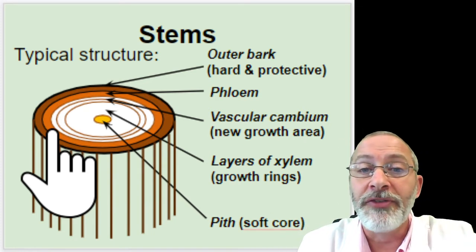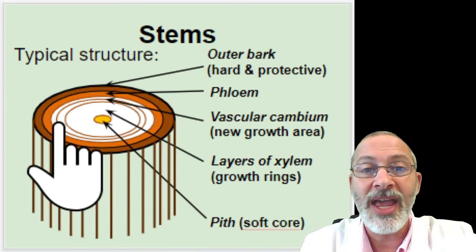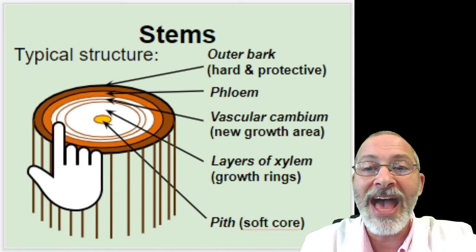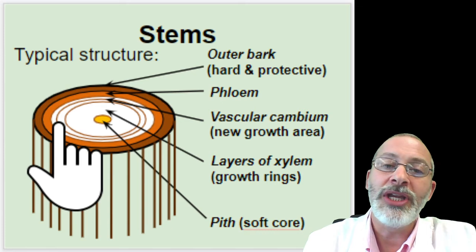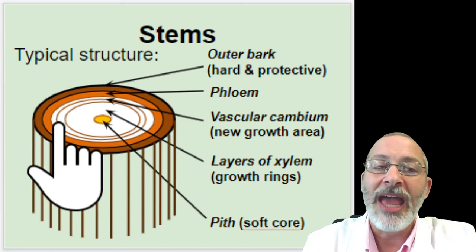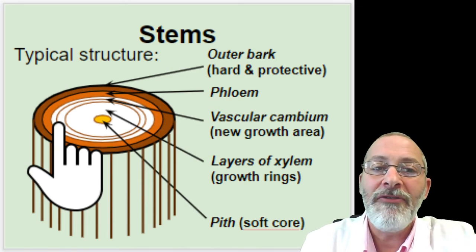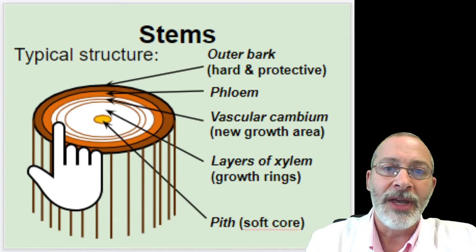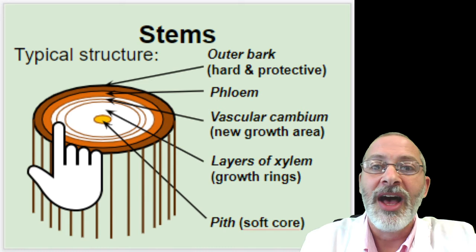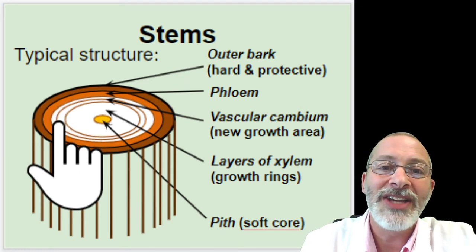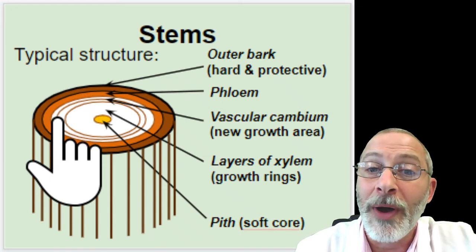All right, beneath the phloem is the vascular cambium. This area here is called the vascular cambium. It is essentially the new growth area. It's found right beneath the phloem. Every year a tree, for instance, is alive, another layer of vascular cambium is added right beneath the phloem.